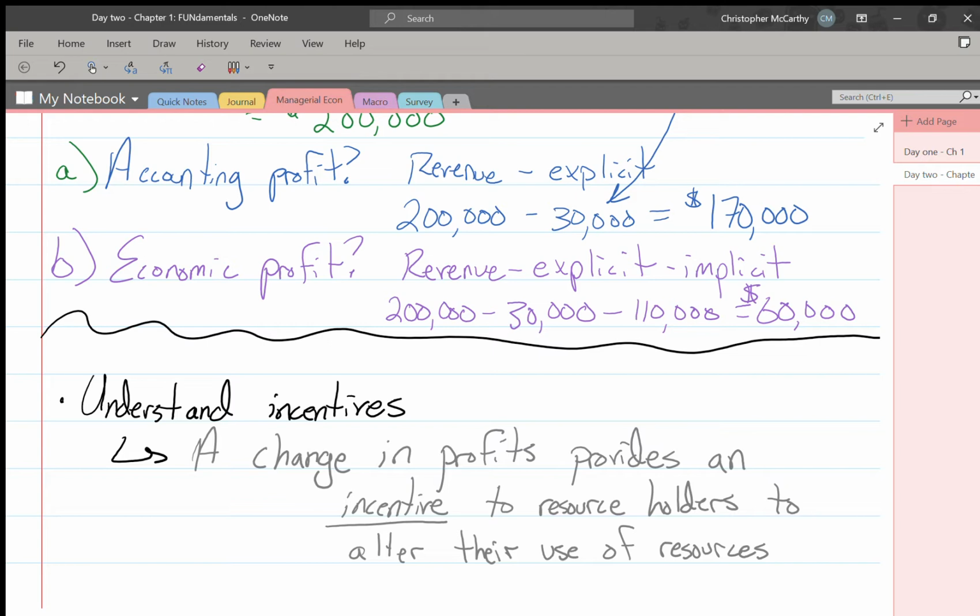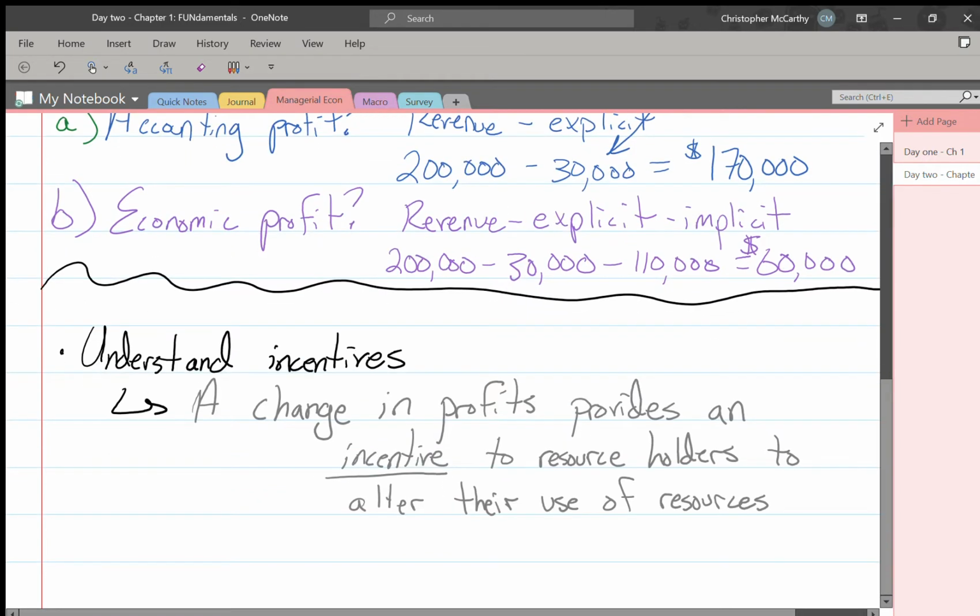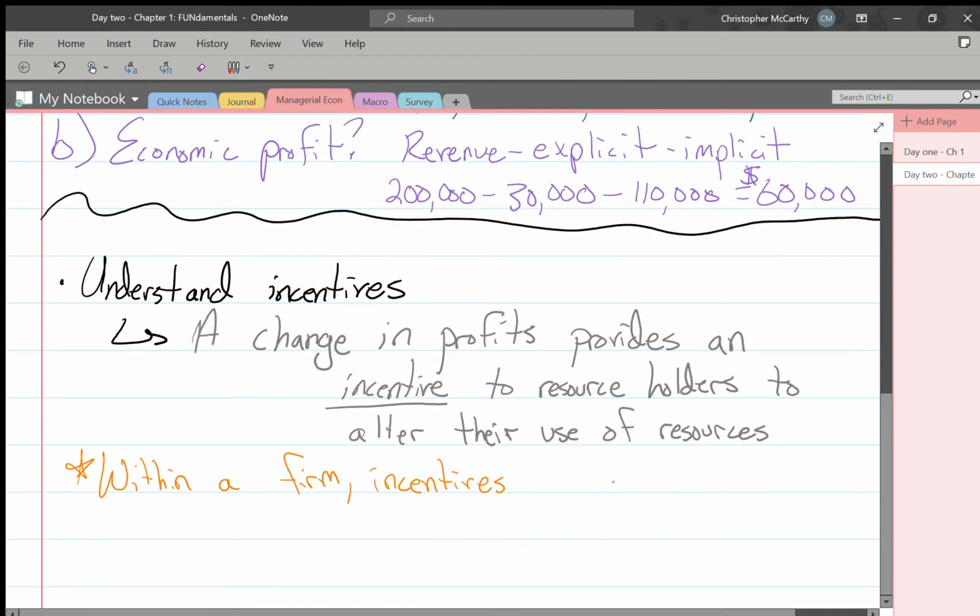So that is leading into our next point, that within a firm, the incentives really drive both how the resources are used and how productive the workers are.